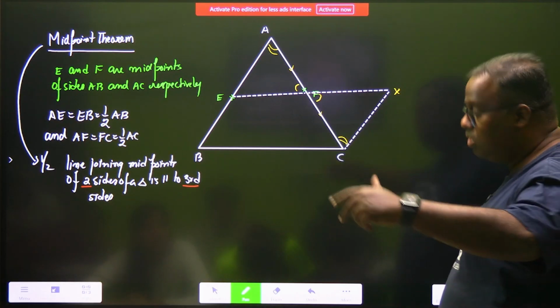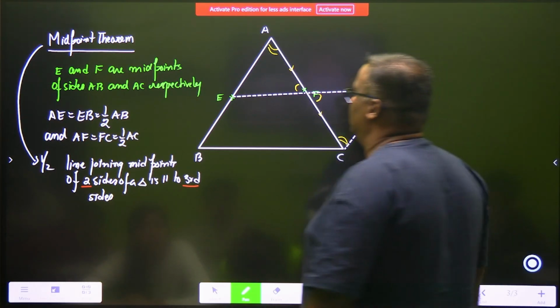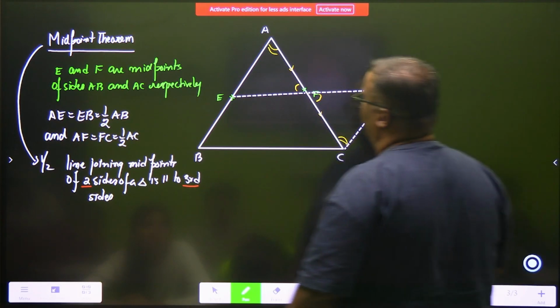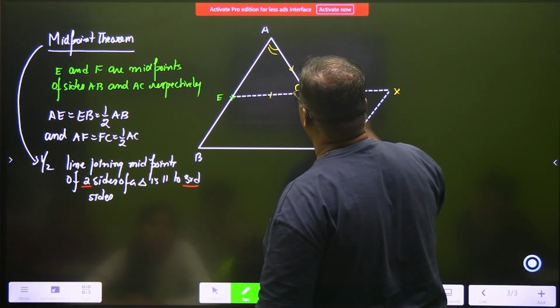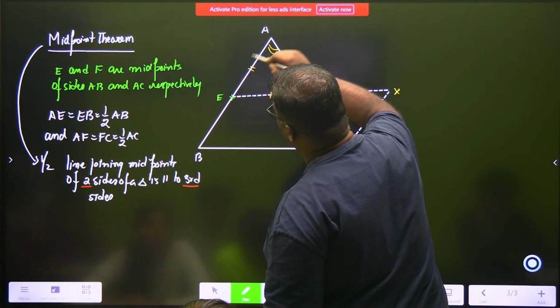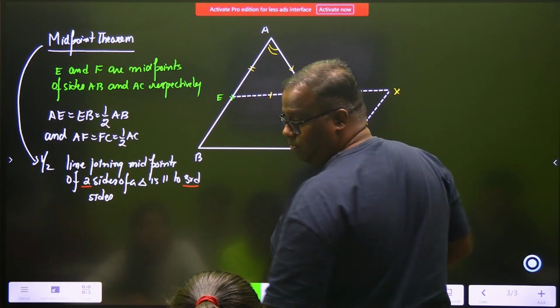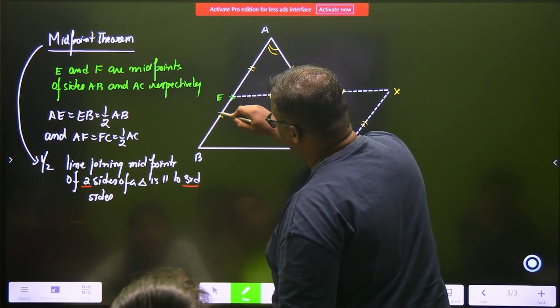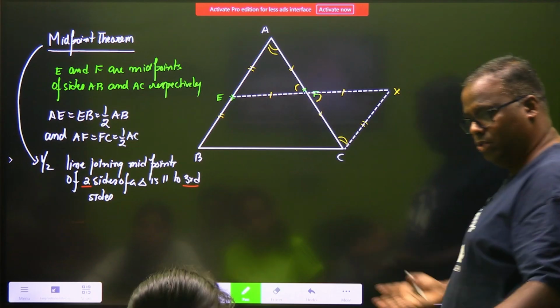If these two triangles become congruent, by CPCT you can now say this is equal to this, and this fellow is equal to this fellow, but this fellow was equal to this fellow also. Do you agree?